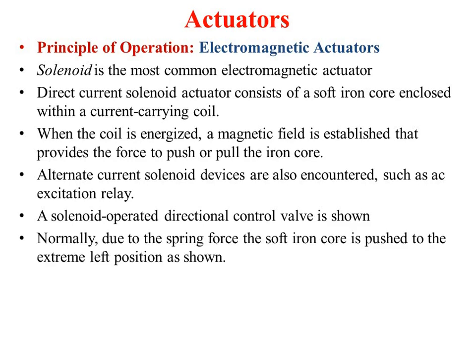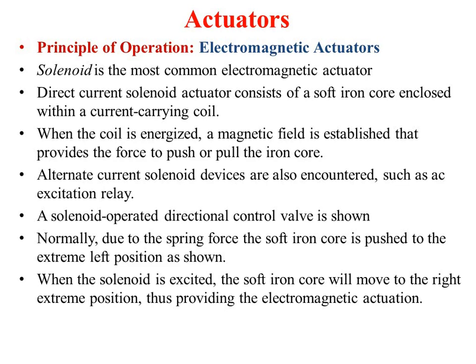So solenoid operates directional control valves as shown in the figure. So we are going to see the figure also. So normally due to the spring action, the soft iron core is pushed to the extreme left position, and when the current is not there, again because of spring action it will be pulled back.